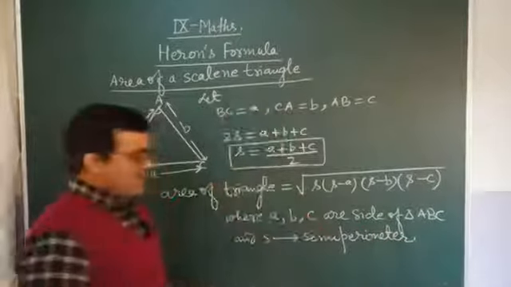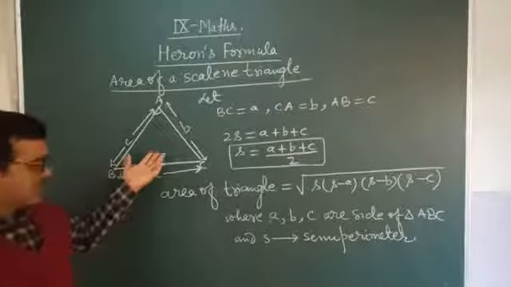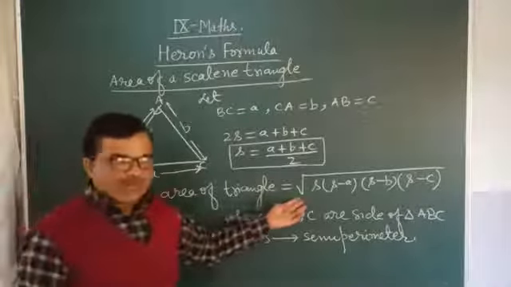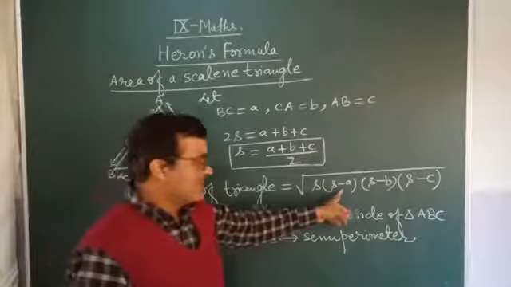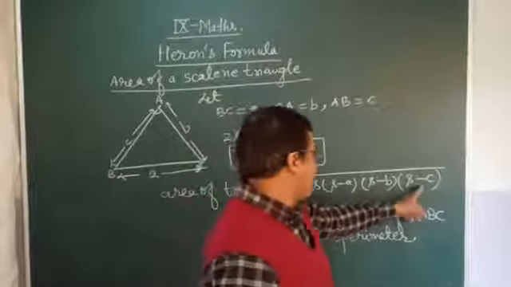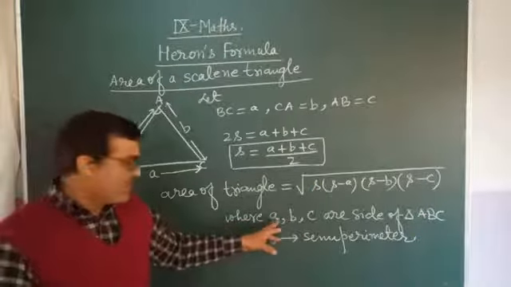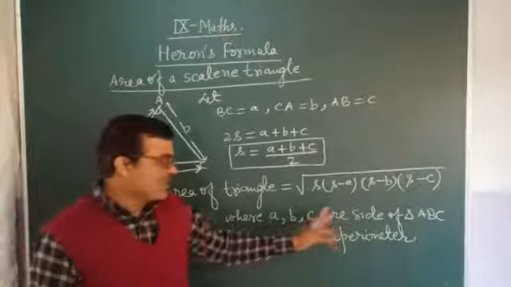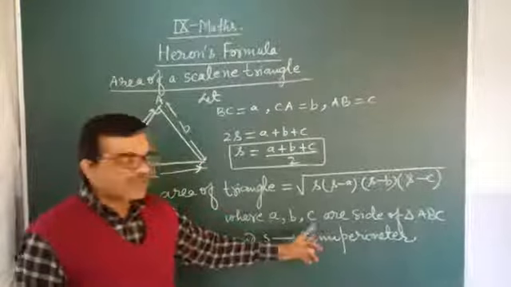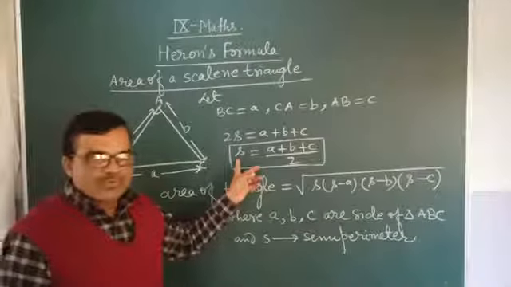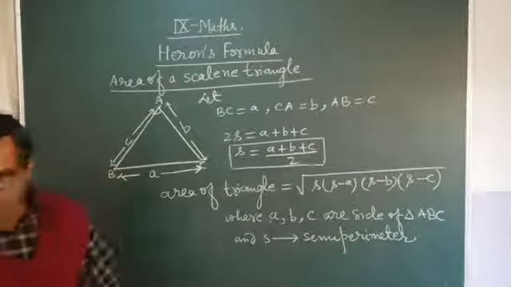Now students, we take a question to find the area of a triangle by using Heron's formula. Area of triangle is under root s into (s minus a) into (s minus b) into (s minus c). Here a, b and c are the sides of triangle ABC and s is called the semi-perimeter. You can find s as the sum of all three sides divided by 2.